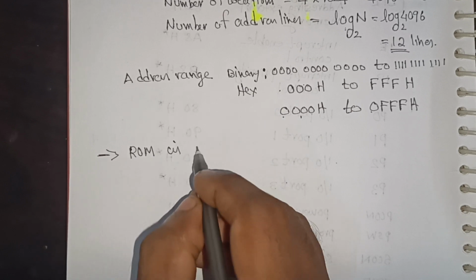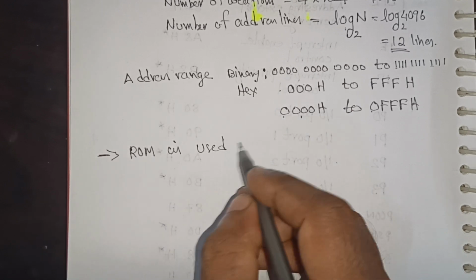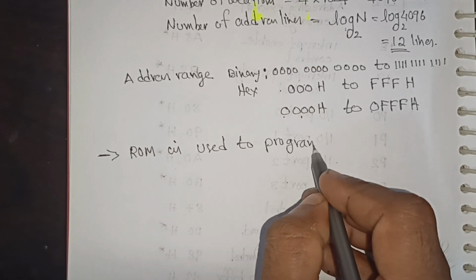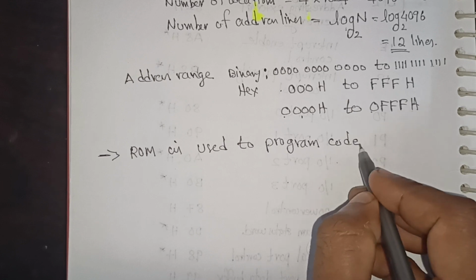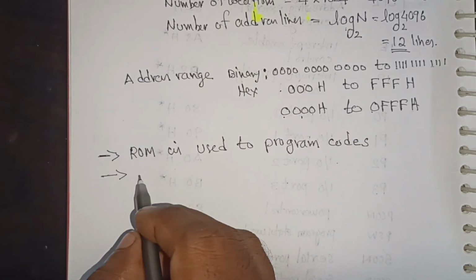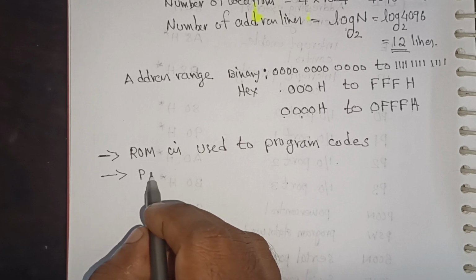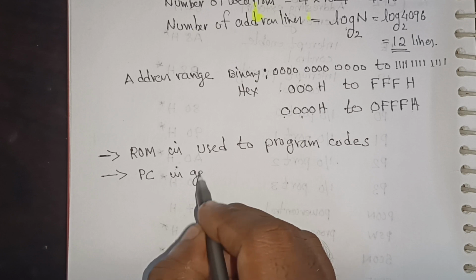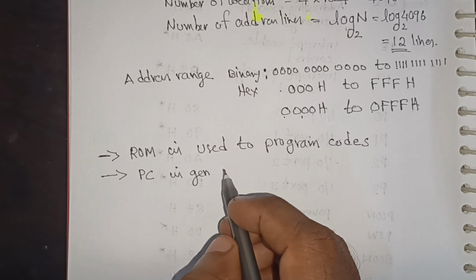ROM is used to store program code. And our program counter, which is a 16-bit register, is generally the pointer to the ROM location.